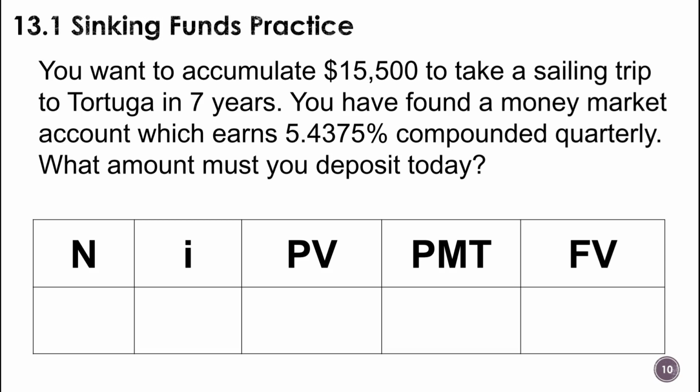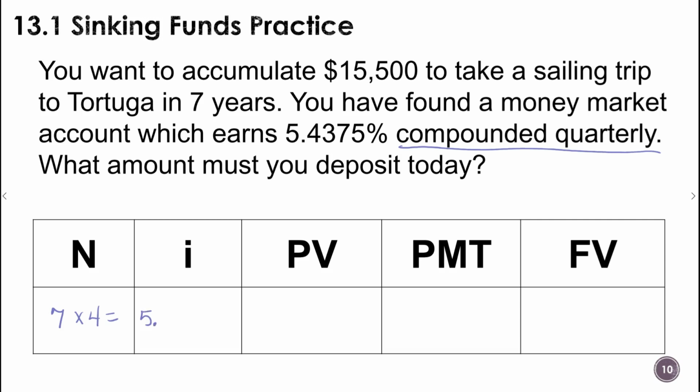Alright, so 7 years, and it's compounded quarterly, right? So we are going to figure out all of this based on that. 7 years compounded quarterly means times 4 for the number of periods, so that's 28 periods basically.